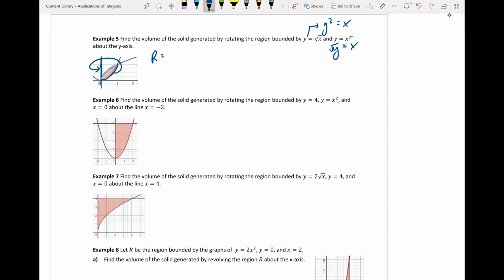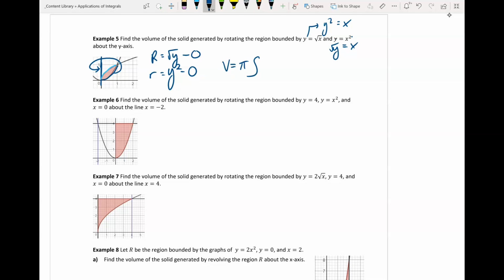So the outer radius is the dark blue one. This is going to be root y minus our line of rotation, the y-axis, which is x equals 0. Little r is our light blue one, which is y squared, again minus 0 because we are rotating around the y-axis.